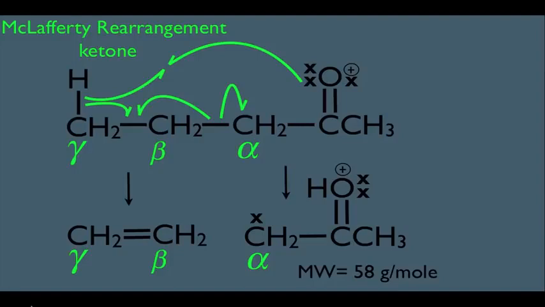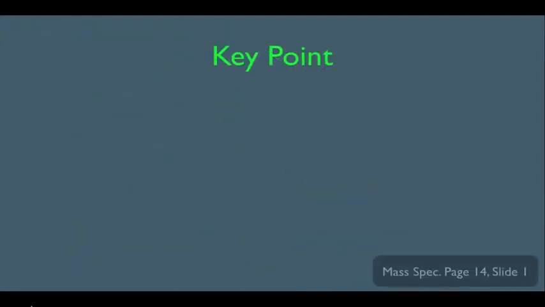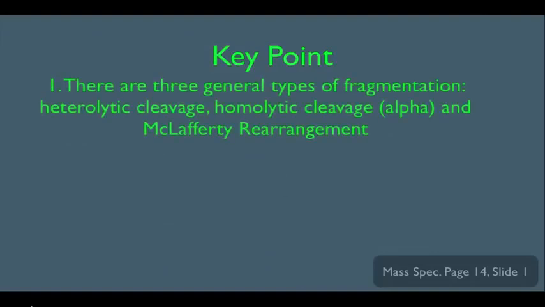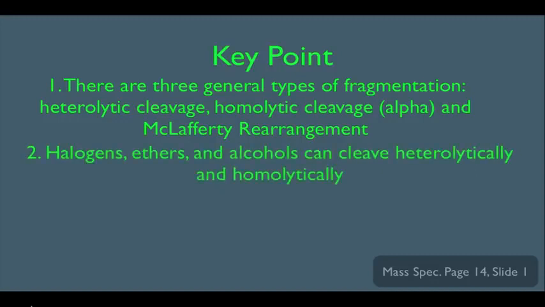So, what have we learned here? Well, definitely a lot. Okay, but let's look at our key points. Number 1, there are 3 general types of fragmentation: heterolytic, homolytic, also called alpha, and McLafferty rearrangement. We also saw that halogens, ethers, and alcohols can cleave heterolytically and technically homolytically via alpha cleavage.